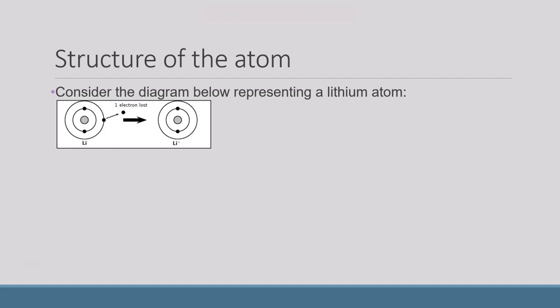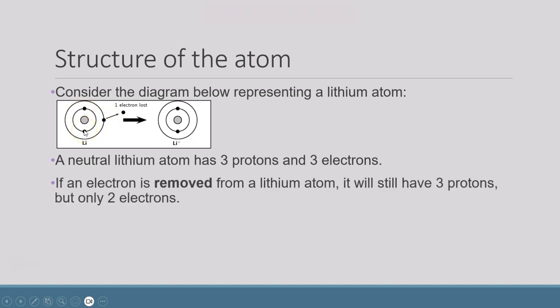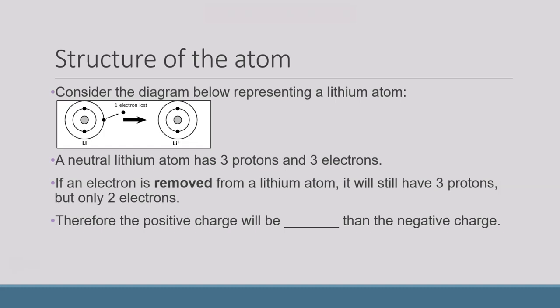Let's consider the diagram below representing a lithium atom. Here we have a neutral lithium atom. It has 3 protons in its nucleus and 3 electrons in its orbitals. Now, if an electron is removed from a lithium atom, the number of positive charges, the 3 protons, doesn't change, but now we only have 2 negative charges, or 2 electrons.